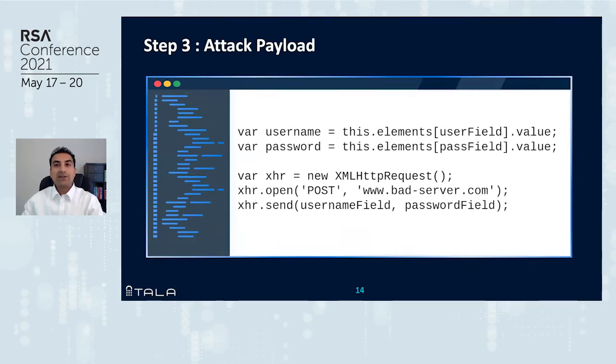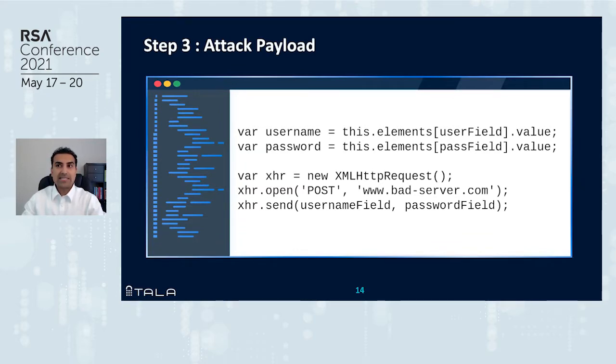The attack payload is just these 5 lines. And these 5 lines are all that it takes to perform a data exfiltration attack that I will be demoing. In this case, the attack steals the username and password. Let me walk you through this at a very high level, and no programming knowledge is required to understand this.